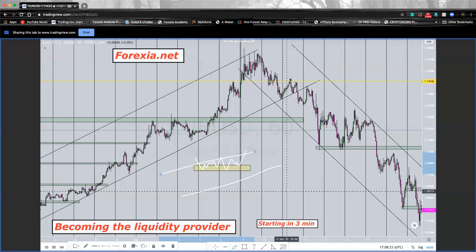When you enter a trade and you lose money, that money is the liquidity that you basically gave to the market. Okay, your own liquidity. And the market maker's job is to trap you as much as possible to get your liquidity so he can actually provide that liquidity to profit himself.